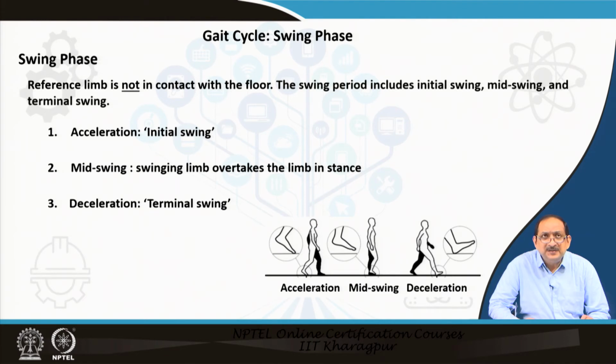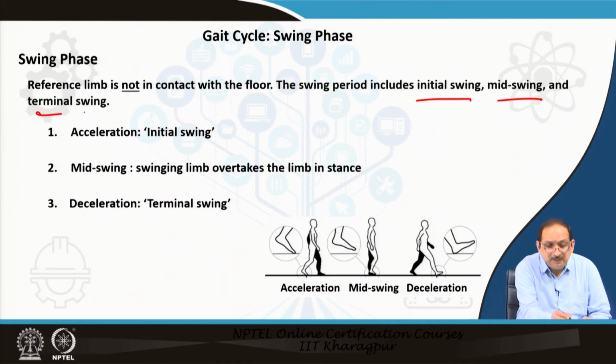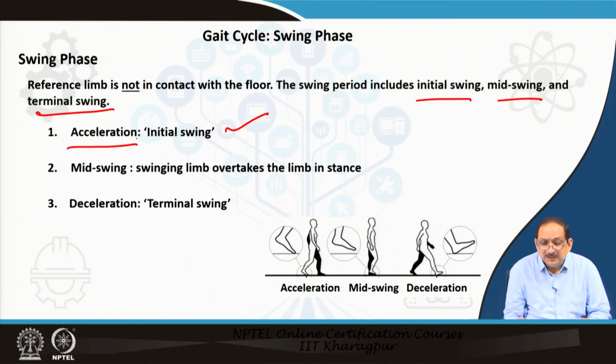In the swing phase, the reference limb is not in contact with the ground or floor. The swing period includes initial swing, mid swing and terminal swing. In the initial swing, the limb is accelerating.